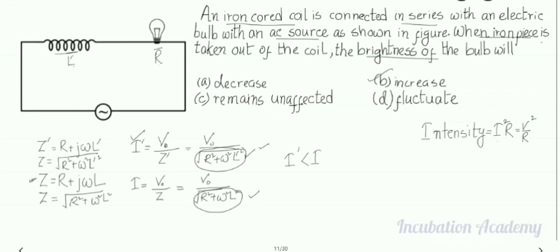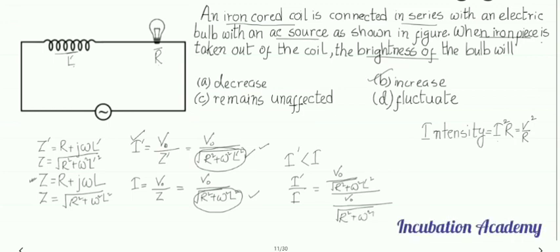If you have any problem in understanding this mathematics, we can do it easily. Let us take the ratio of I prime by I. I prime is V naught divided by root over of R square plus omega square L prime square, divided by I, which is V naught divided by root over of R square plus omega square L square.